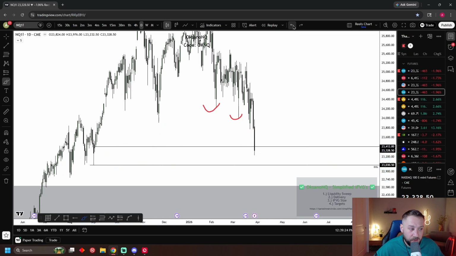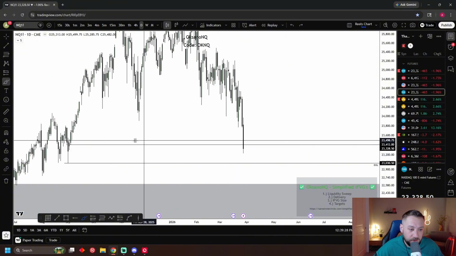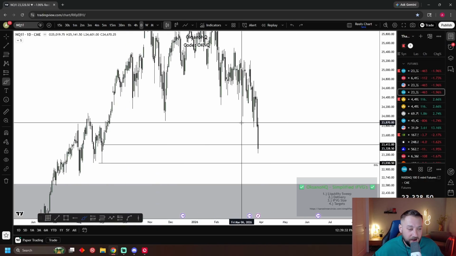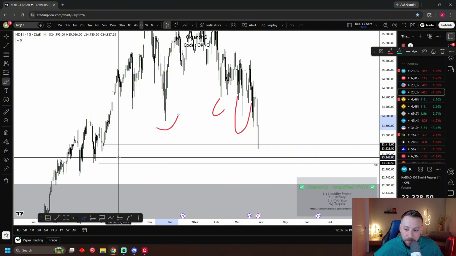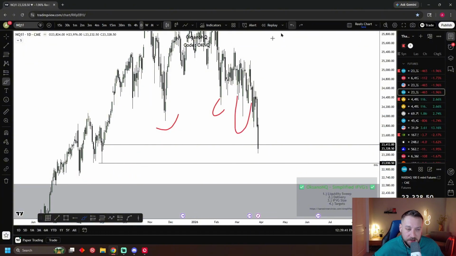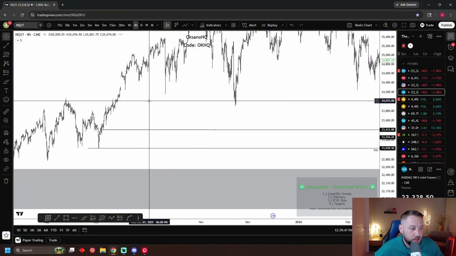So it's kind of like a process of elimination. Once stuff is gone, you've got to look for where is next. And right now, after seeing all the sell side we've swept, where else do we go besides these lows? So let me go to the 4 hour chart.